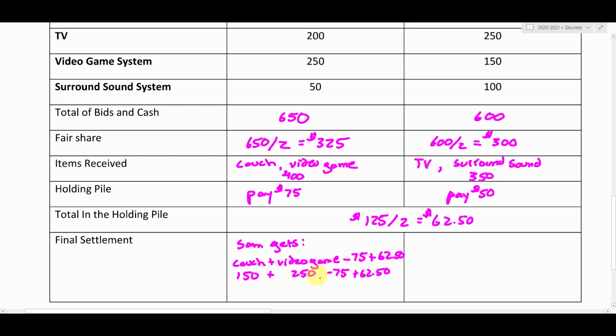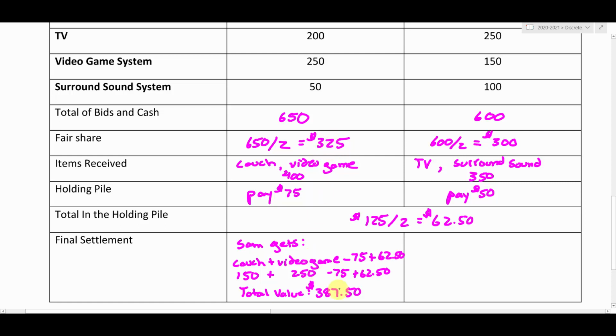And when I add and subtract all of these things, we get what's called a total value. The total value of his final settlement is $387.50. So Sam gets a couch and a video game, pays $75, and then gets $62.50, and the total value of that final settlement is $387.50, and he's going to be happy with that because his fair share was $325.